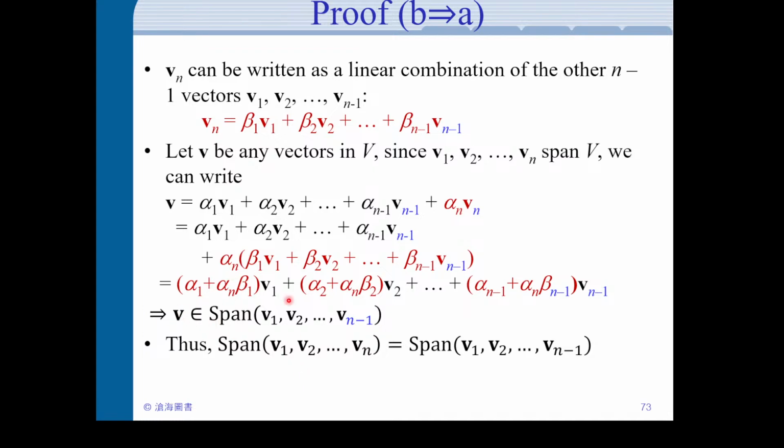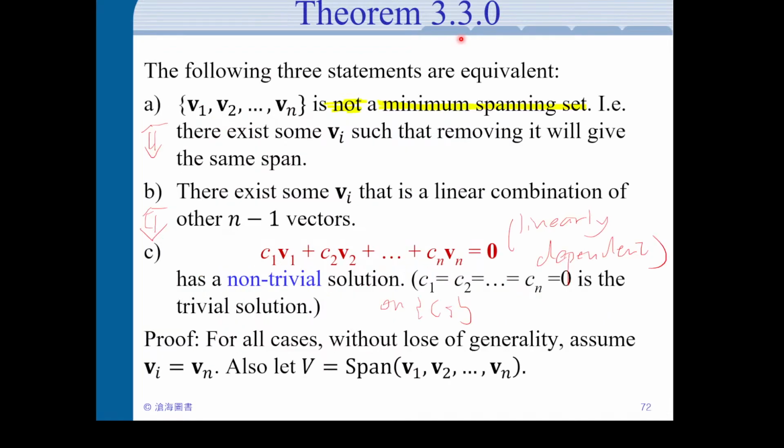From here, we just proved that the span of n is inside the span of n minus 1. Then the other way is trivial. You can easily see that the span of n minus 1 is inside the span of n because this is just a smaller set.